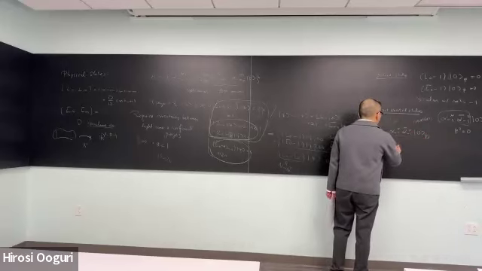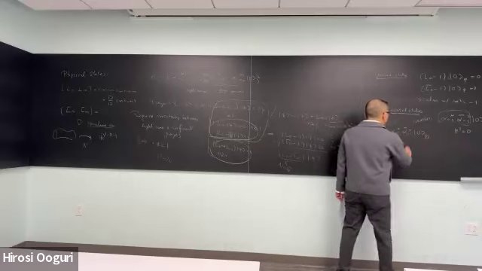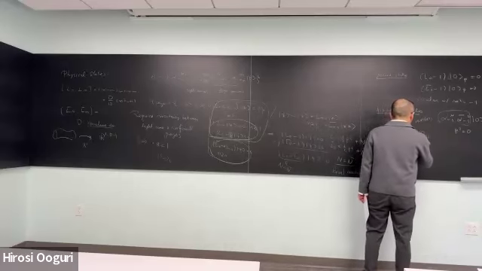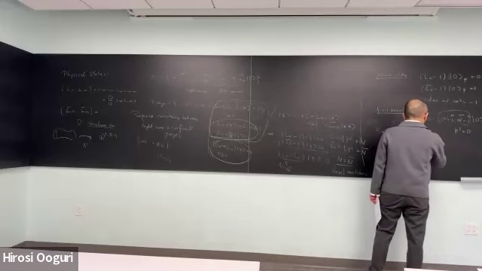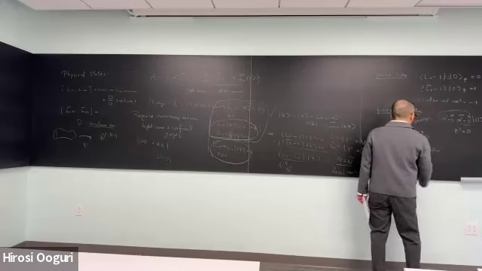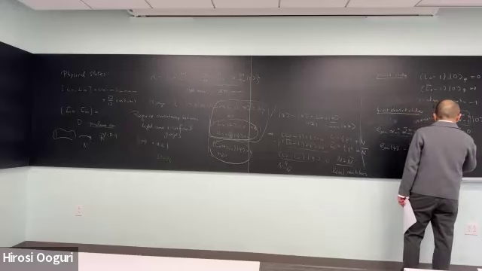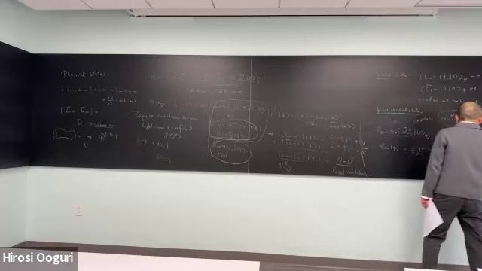So E mu nu, which depends on the momentum, can be decomposed into a symmetric traceless part, and then an unsymmetric part, and then a trace part.